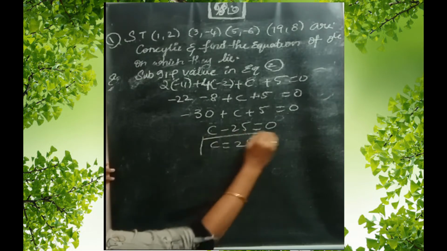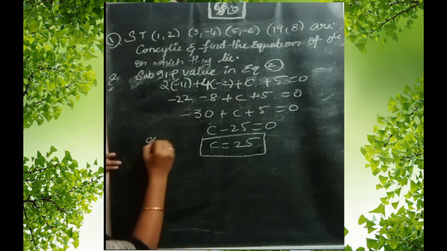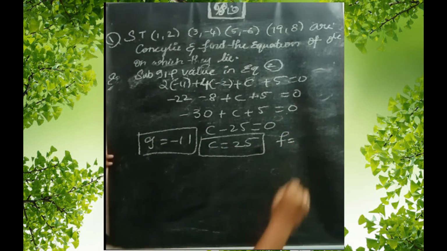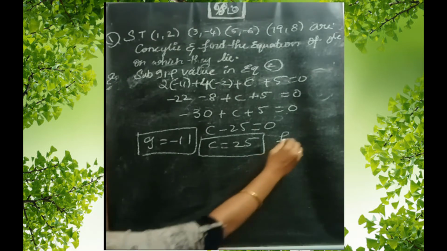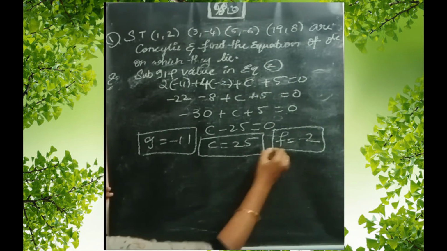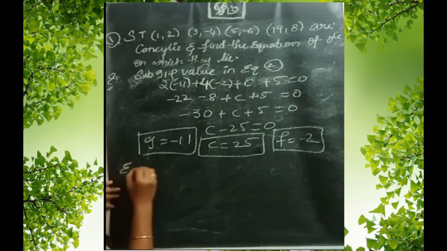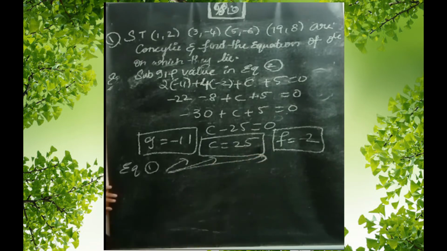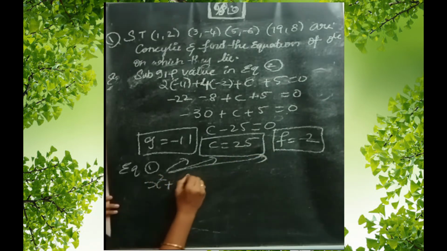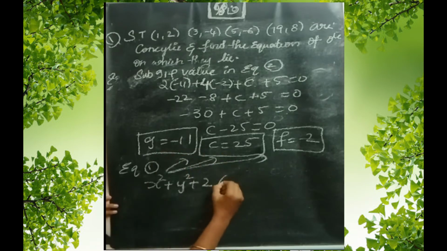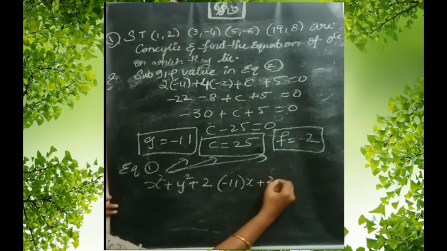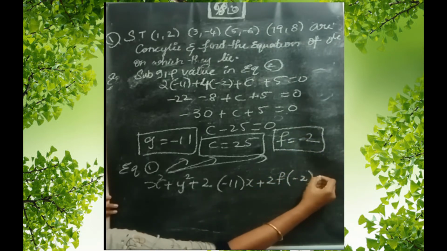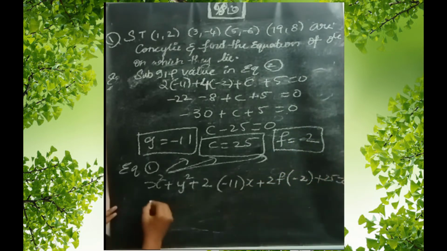C is 25. Now our g value is minus 11 and f equals minus 2. So now substitute these three values in equation 1. Okay, x square plus y square plus 2g means minus 11x, plus 2f, that is y is minus 2, plus 25 equals 0.